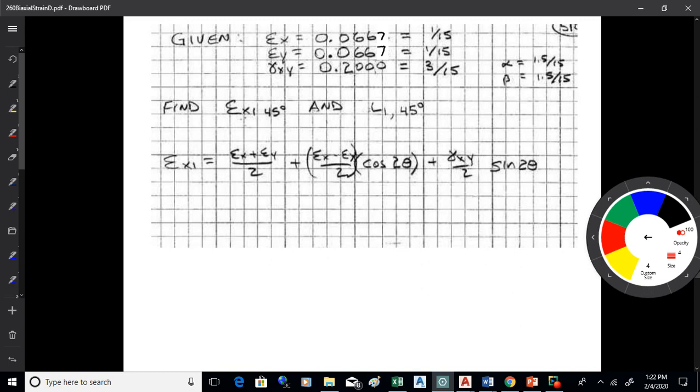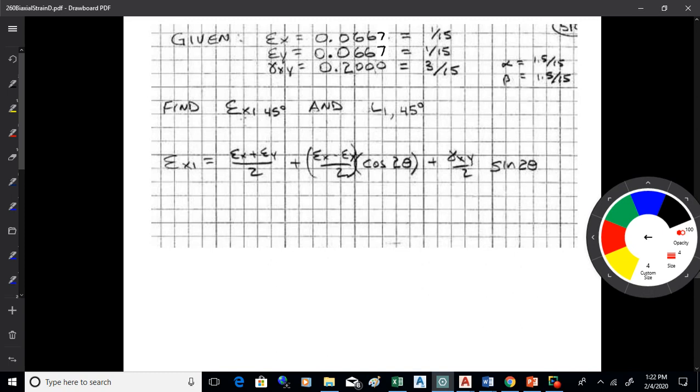So on account of that, I can also express these as fractions, and they may be a little bit easier to figure out how things would deform. So 0.0667 as a fraction is 1/15th, and 0.2 is 3/15ths, okay? And I'm doing that because the square I drew is 15 little boxes by 15 little boxes, okay?